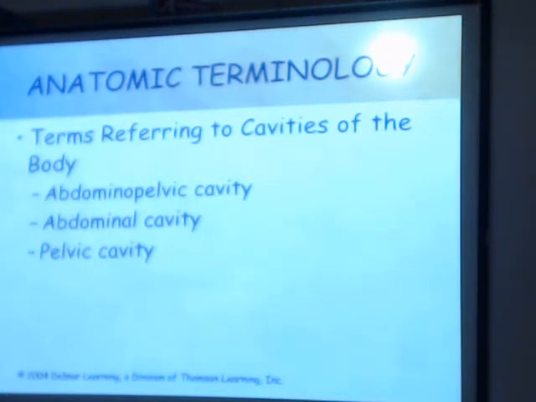So your abdominal pelvic cavity houses all those organs. And yes, I may ask you on a test question which of the following organs are found in the pelvic cavity. Or I may ask you which of the following cavities houses all of the following organs. So know what organs are found in the cavities.